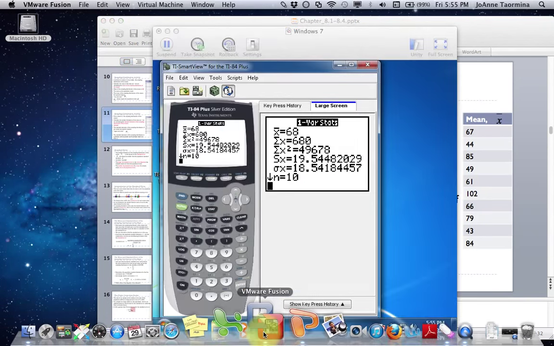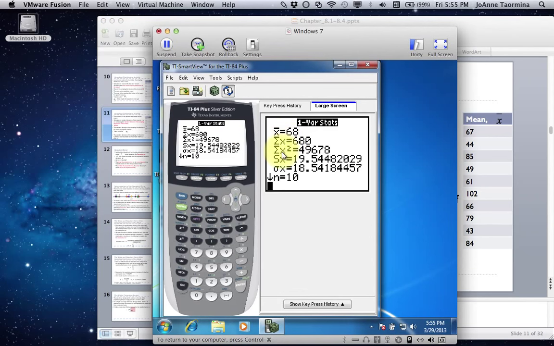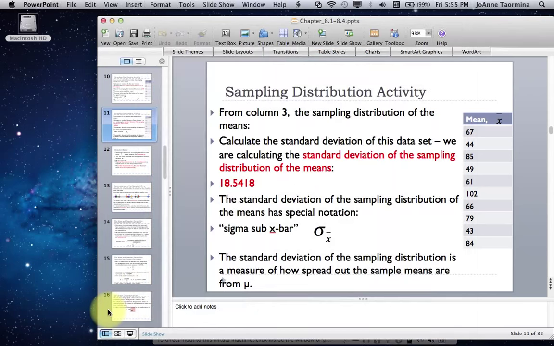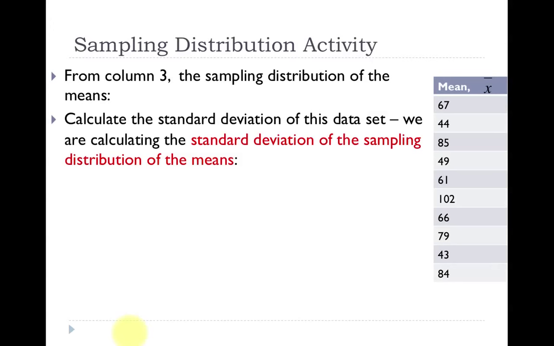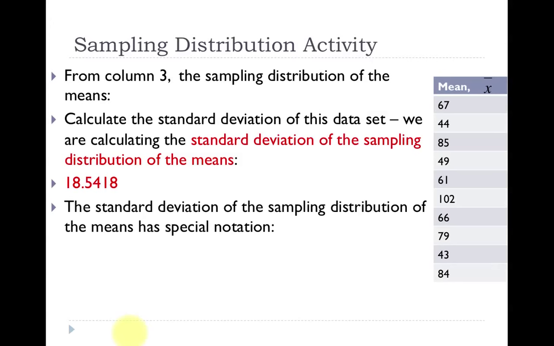So if we look at the calculator, here's that output. We found that the mean of the sampling distribution of the means was 68, and the population standard deviation sigma sub x is 18.5418. So our standard deviation of the sampling distribution of the mean comes out to be 18.5418.